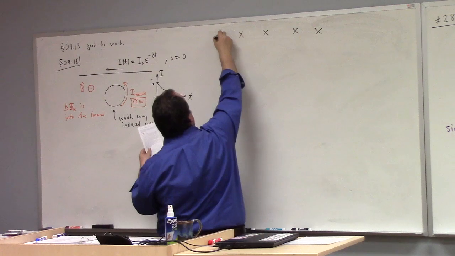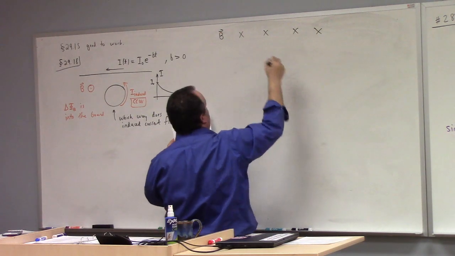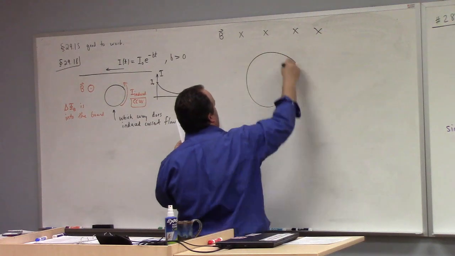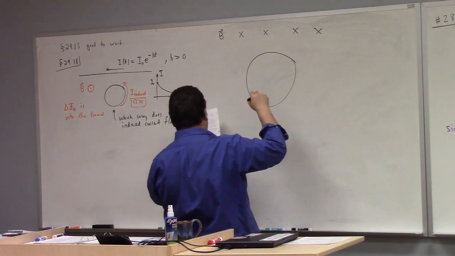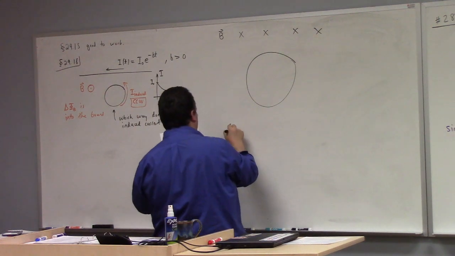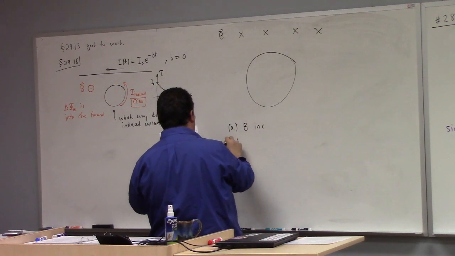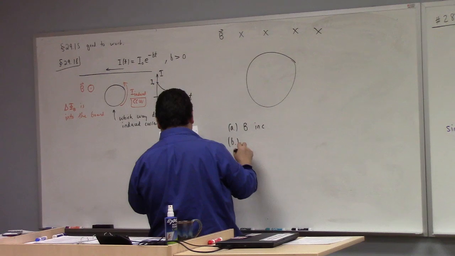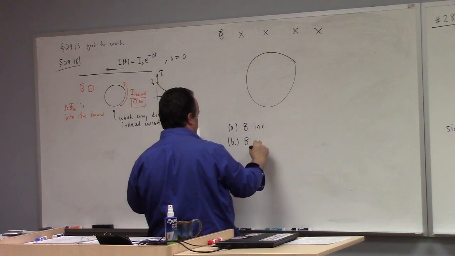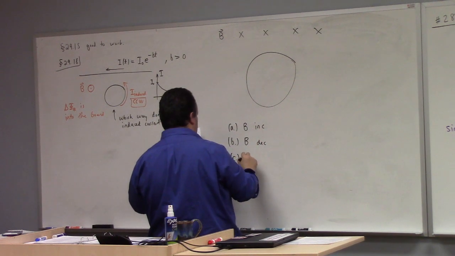That means that the magnetic field's going into the page, right? And you've got the loop like so. And we have A, B increasing, B, B decreasing, and C, B is constant.